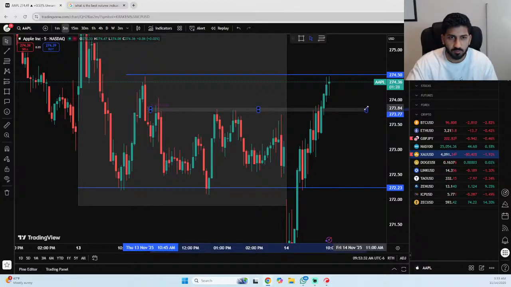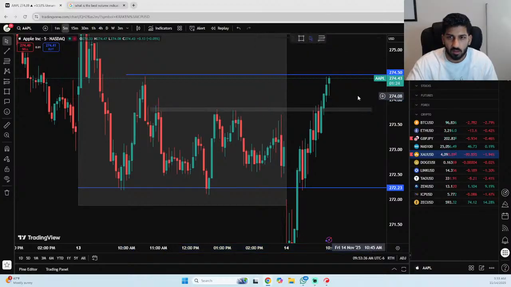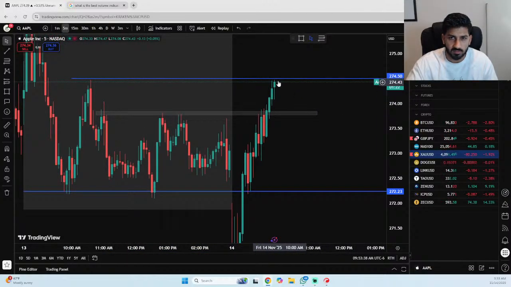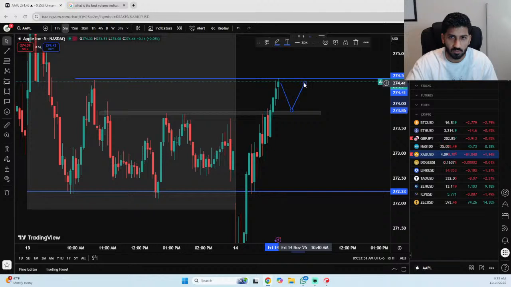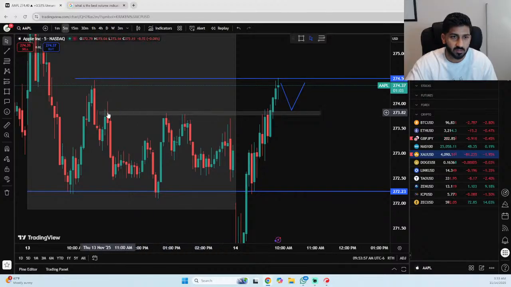So you have this support area. What I would want is the price to continue down here and then push up back into this area, based on the support that has formed.